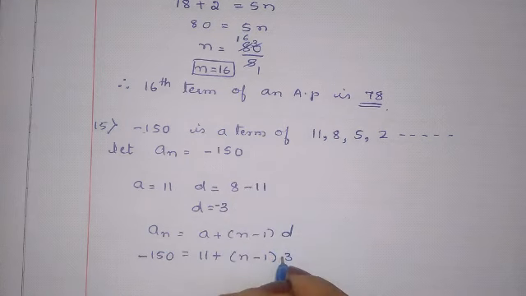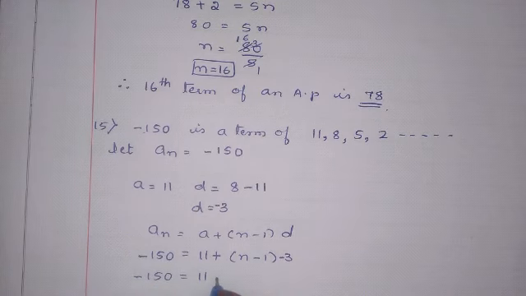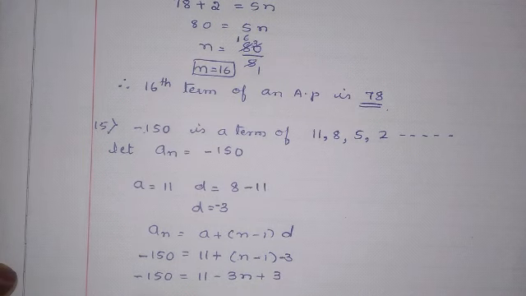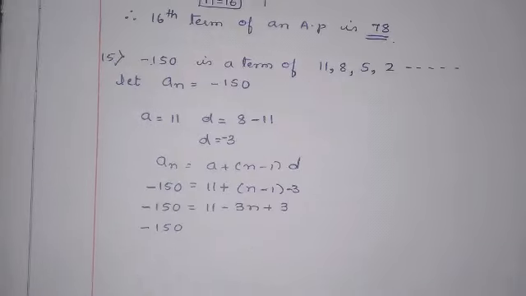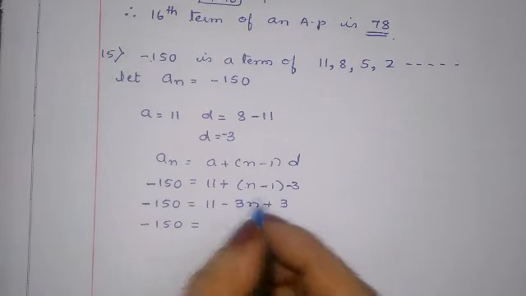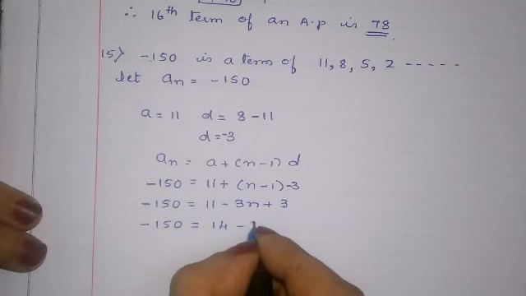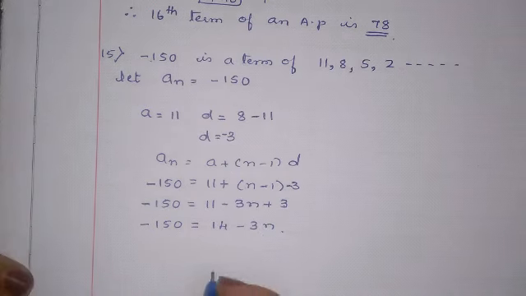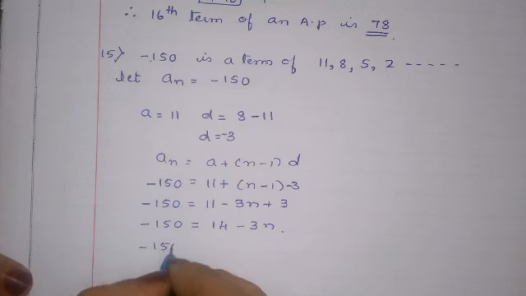So minus 150 is equal to 11 minus 3 into n minus 1, which is minus 3n plus 3. Minus 150 is equal to 11 plus 3, which is 14, minus 3n.